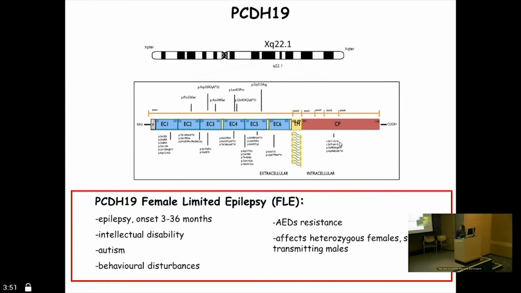You can see an intracellular C-tail, a transmembrane region, and the extracellular loop, where most of the mutations are identified. So mutations in protocadherin 19 cause dyslexia, intellectual disability, autism, and behavioral disturbance.